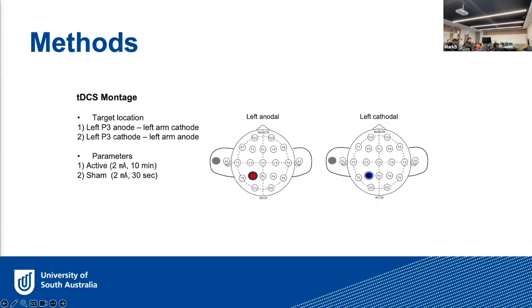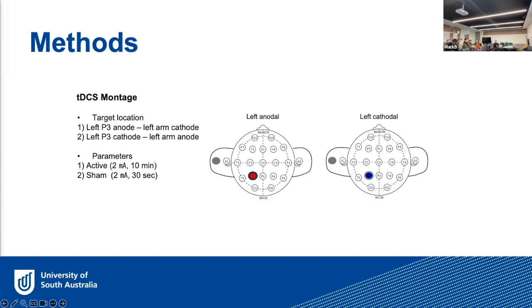So in my case, for the location, I just followed the previous work. I chose the left parietal side, and this location is known for multi-sensory integration. That's why we chose this area. We selected 2 milliamperes for 10 minutes of stimulation.